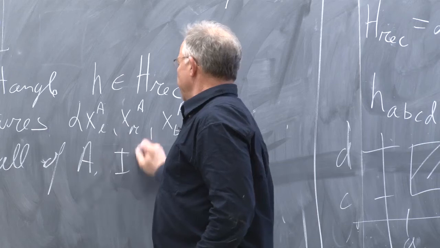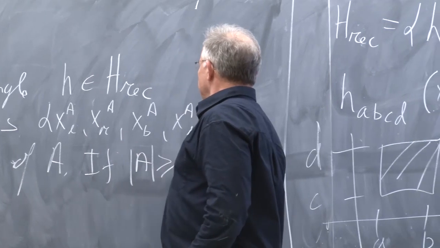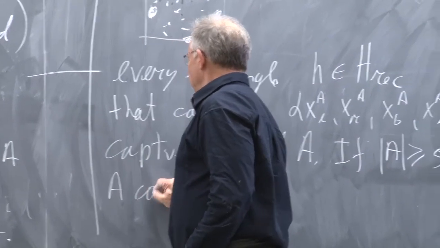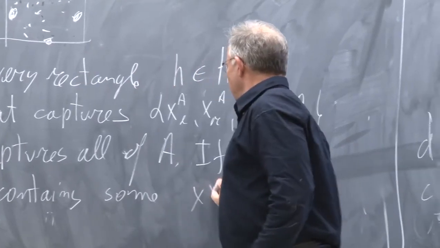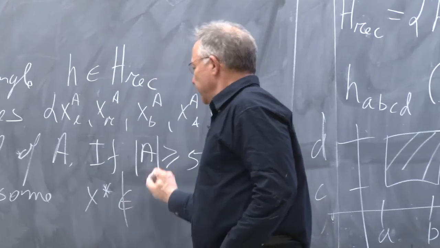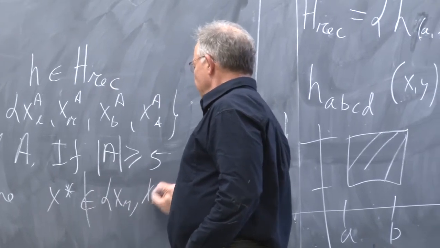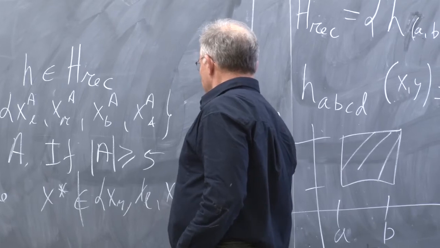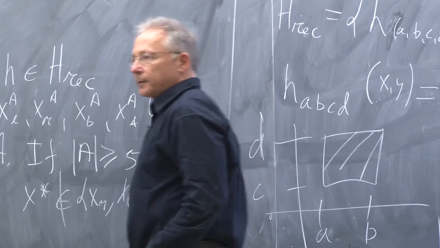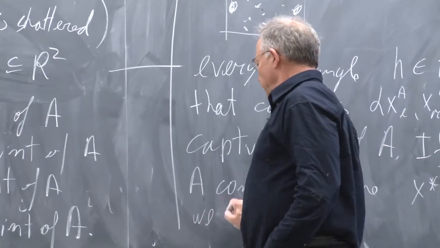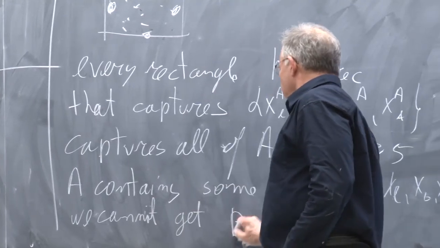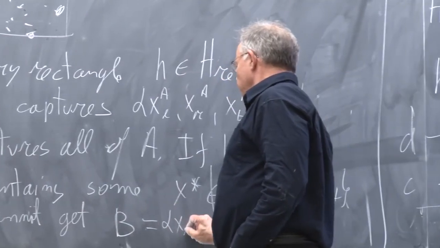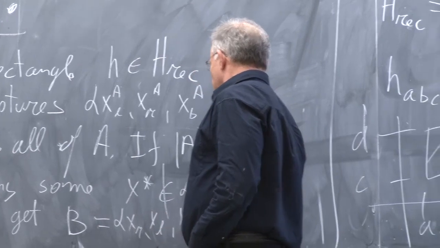Now, if the size of A is at least 5, A contains some X star, which is not any of X right, X left, X bottom, X top. These are only 4 points. So we cannot get the set B, which is exactly X right, X left, X top, X bottom.